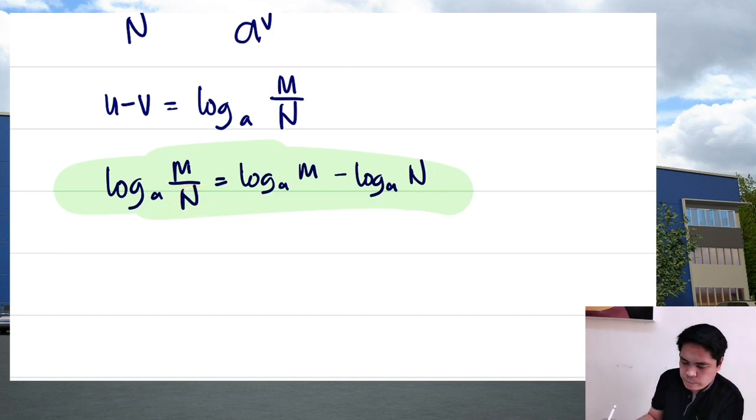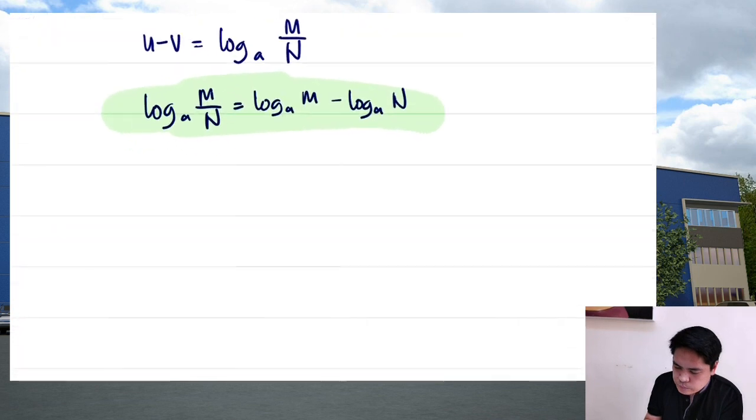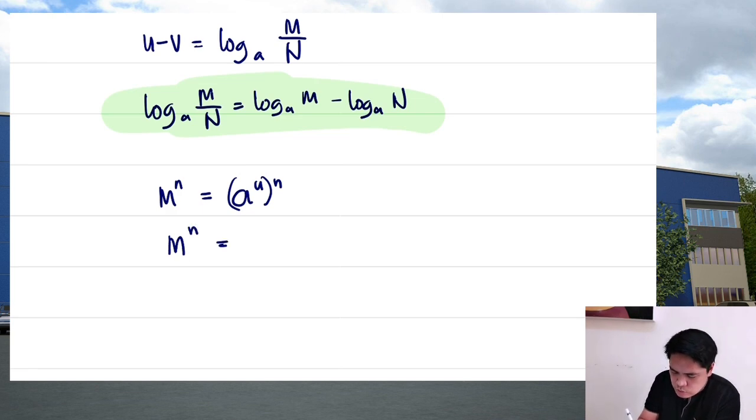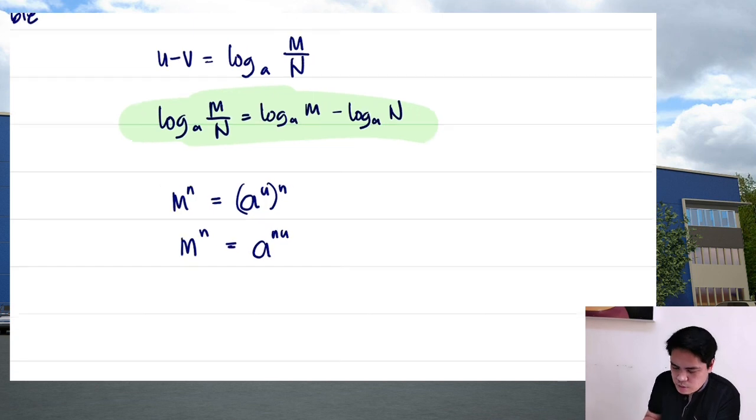Okay, that's it. Now, suppose we have m equal to a raised to u, then we raise m to small letter n. So that means we need to raise this to small letter n. Therefore, m raised to n is equal to a raised to n times u, or u times n, pareho din naman. Okay?